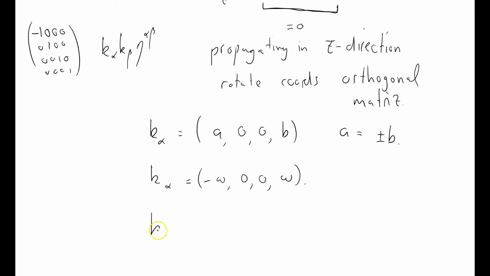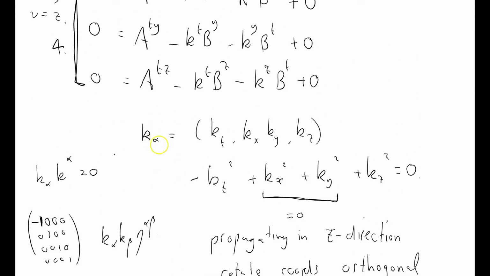And of course when you write it with the upstairs index, because we're multiplying by this matrix, we get plus omega, 0, 0, omega. That's quite nice, and it should allow us to simplify our relations. This is the frequency, and this is the wave number.